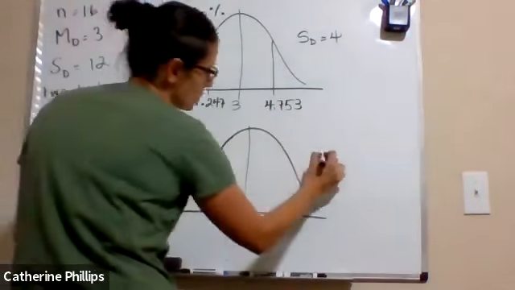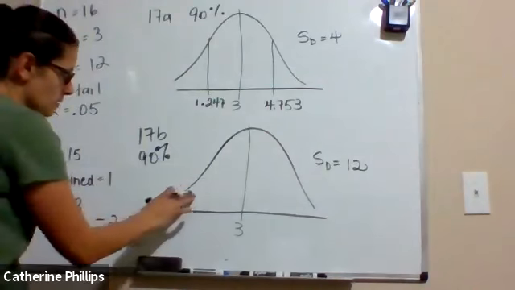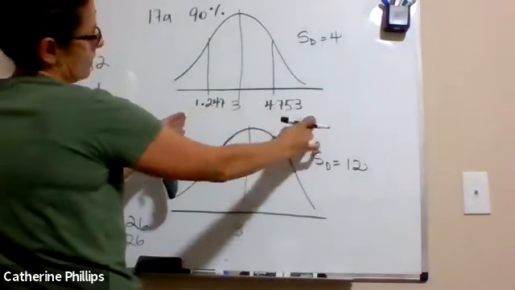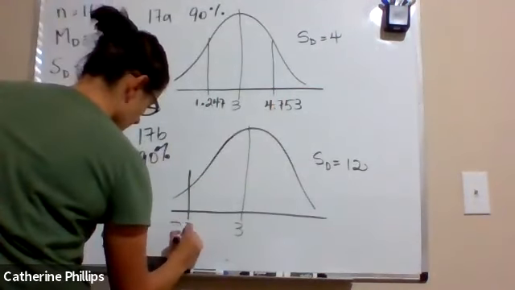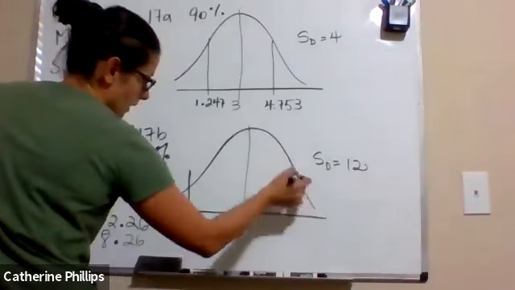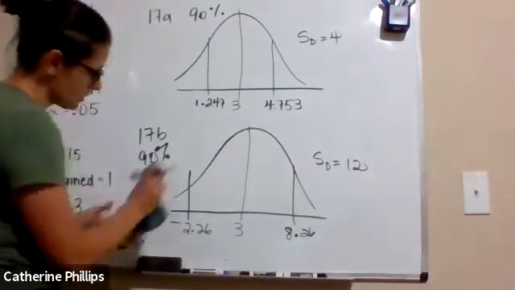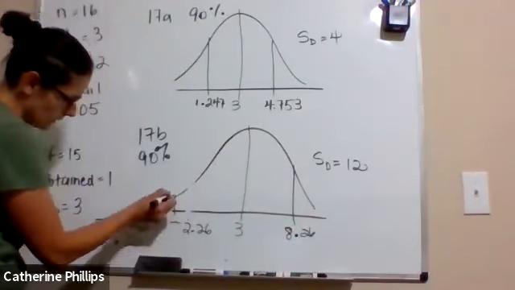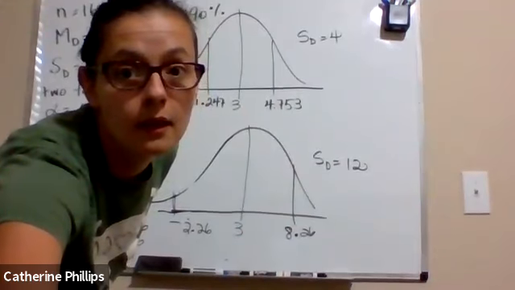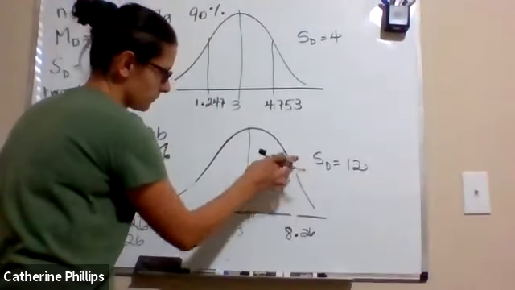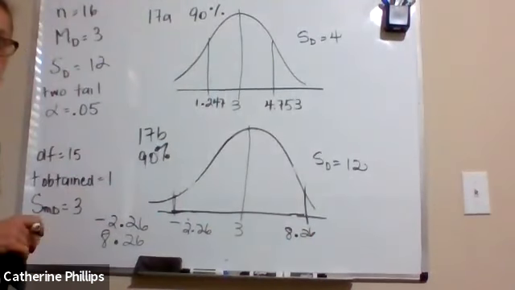When the standard deviation of the difference scores was increased to 12, these two boundaries, this width became wider. The interval became wider, negative 2.26 and positive over here, 8.26. I'm supposed to draw it to scale. It's more like they went out here. Okay? So the width of the confidence interval increased.